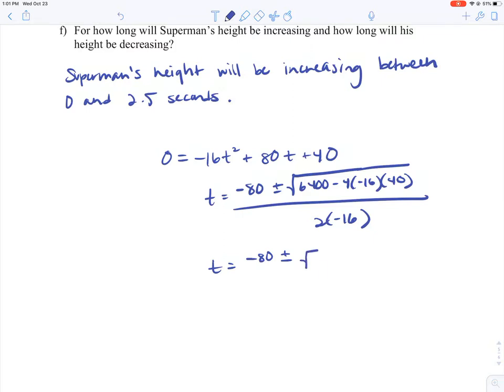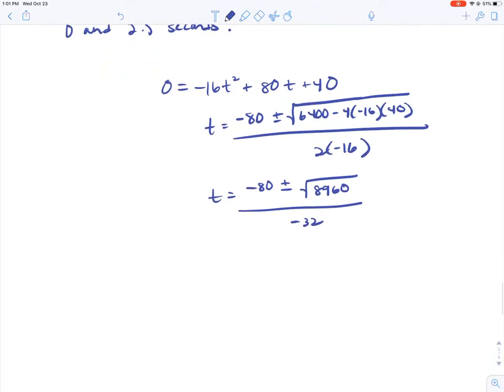So that'll be the square root of 8,960 divided by negative 32.